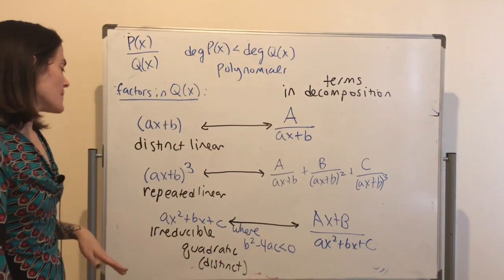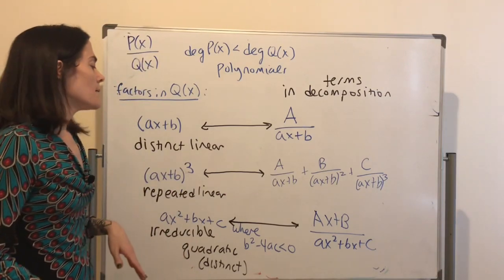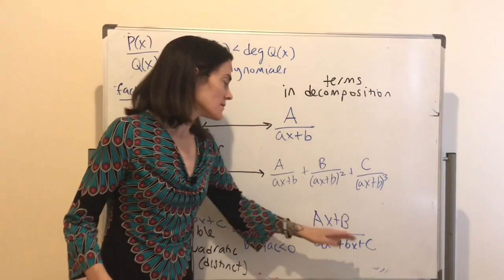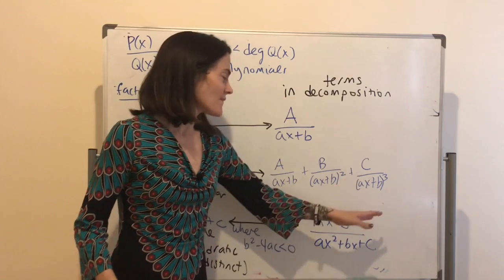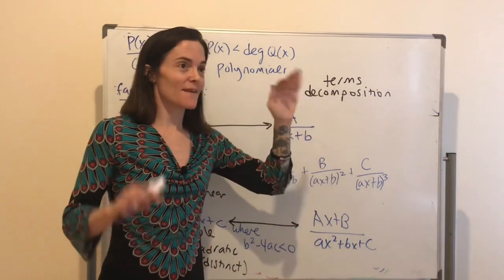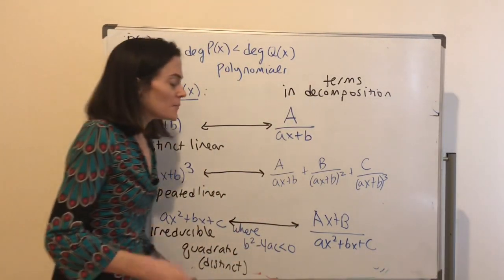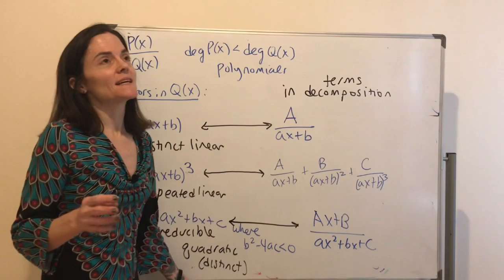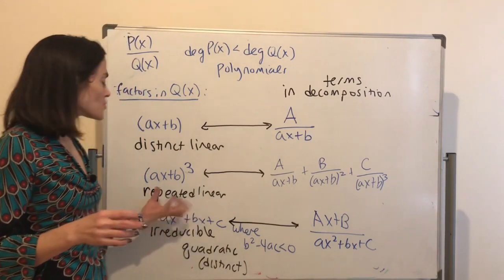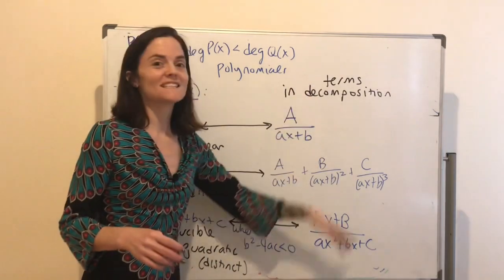And then, for example, if you had a repeated irreducible quadratic, you would have an Ax plus B over it. Then you'd have a Cx plus D over it squared. And then you'd have an Ex plus F over it cubed, like this, into however many powers that you have. But you can imagine the higher degree that you have in your denominator, the more coefficients you have to solve for.